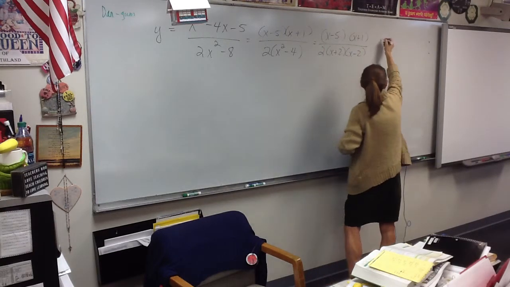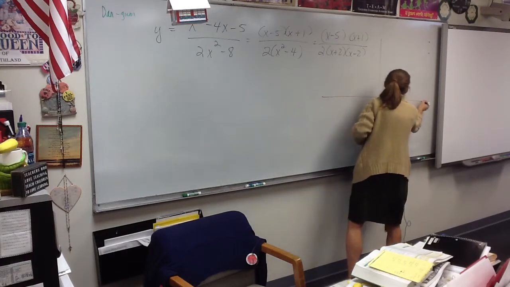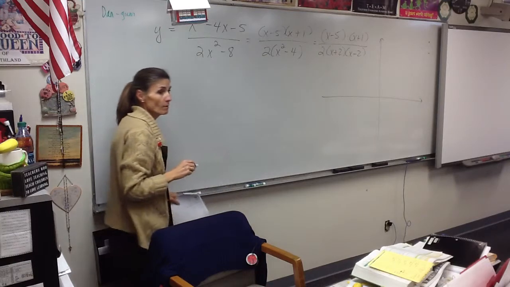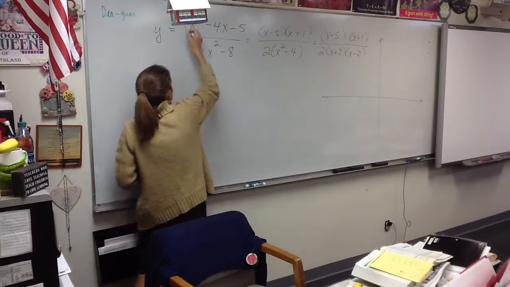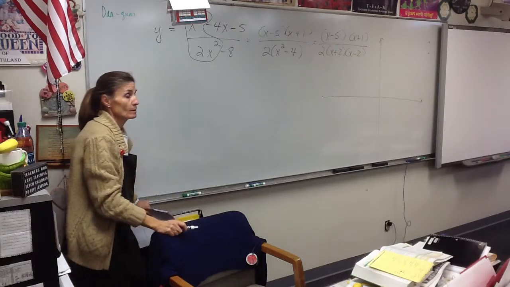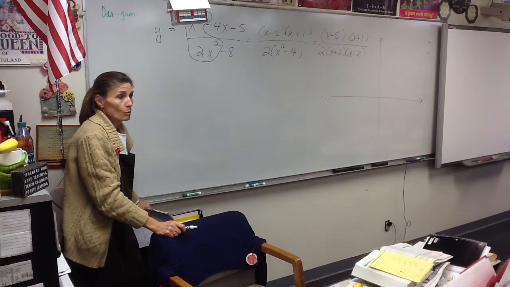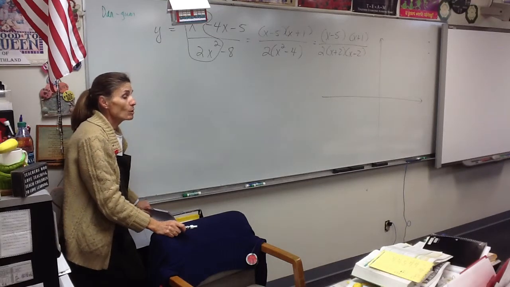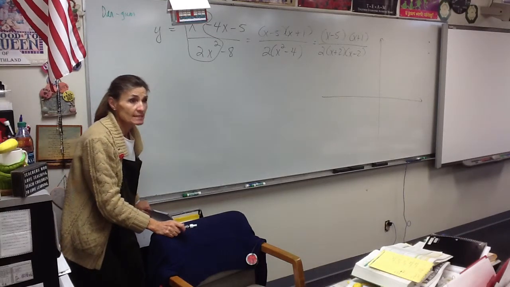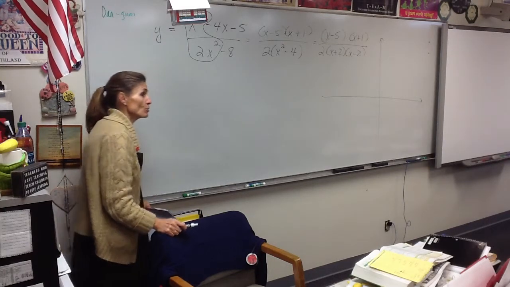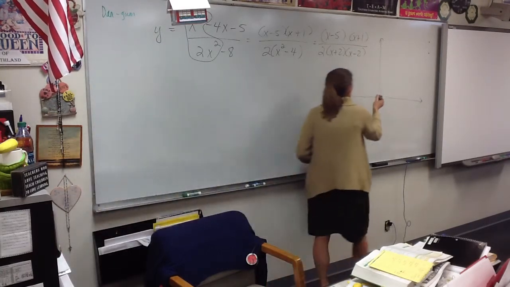Okay, so here we go. Go back to the original problem. This is where your horizontal asymptote is going to come from. It's not going to be at 0, it's going to be at 1/2. The powers match, you guys, they're the same powers. So you have x squared over 2x squared, that's 1/2.